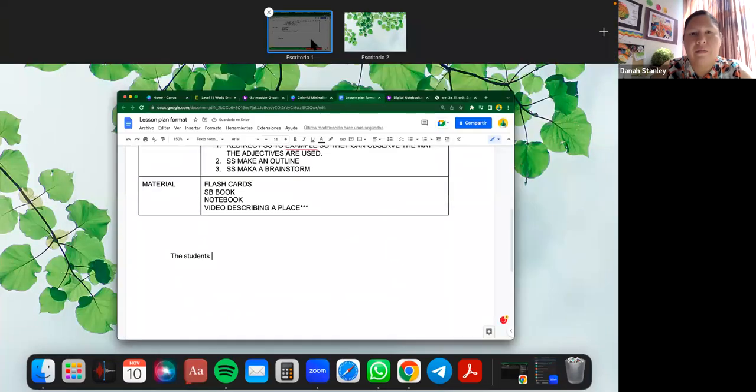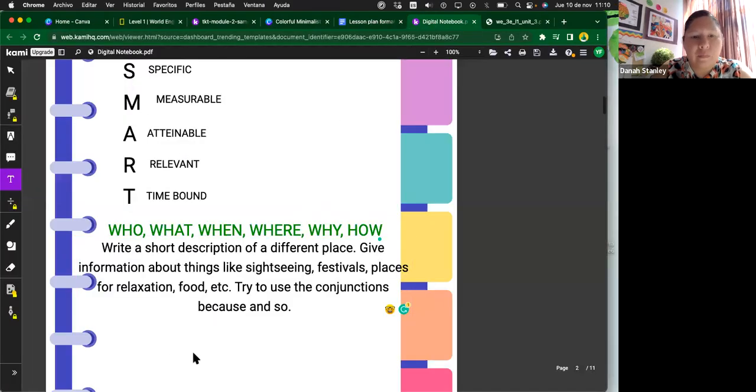What? Okay, let's see, Miss Lucely says: students will be able to describe places, give information about them, using correctly enough the conjunctions so and because when finishing this class, written or spoken.